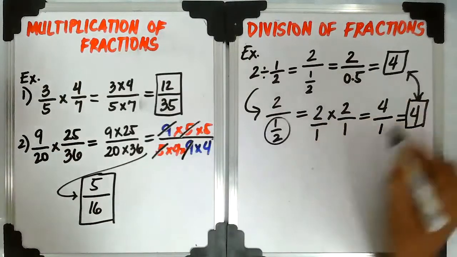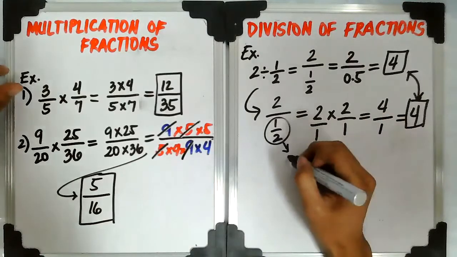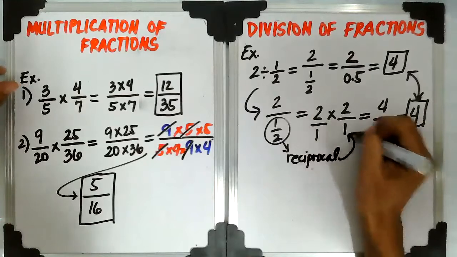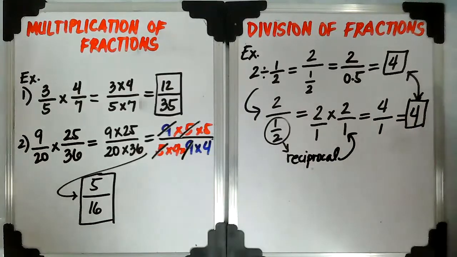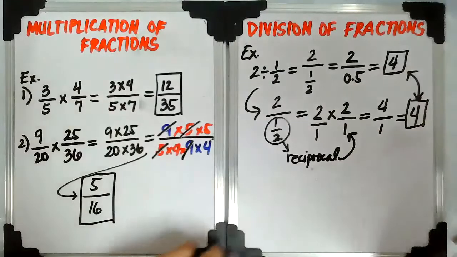So the concept of division is simply you're going to get the reciprocal of your divisor, and proceed to the process of multiplication. All right. So in this way, the students can understand why we are reciprocating the divisor and changing the operation to multiplication.